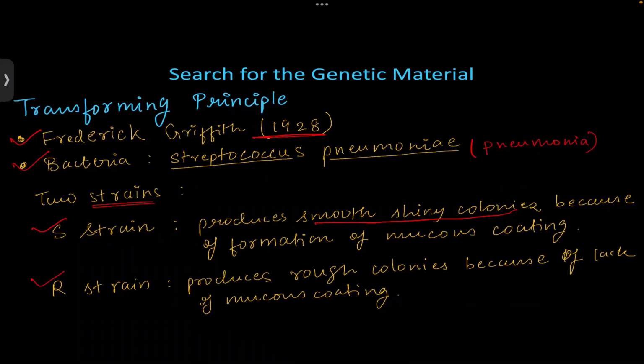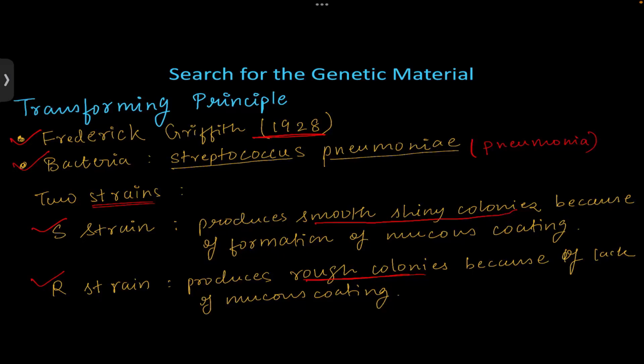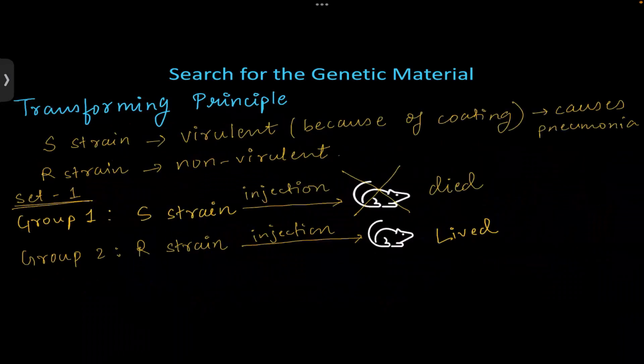Whereas the R strain produces rough colonies. When people looked at it, the colonies looked a bit rough and porous, whereas the colonies of the S strain were smooth. The R strain didn't produce this mucus coating over the cell wall, because of which they produce rough colonies.